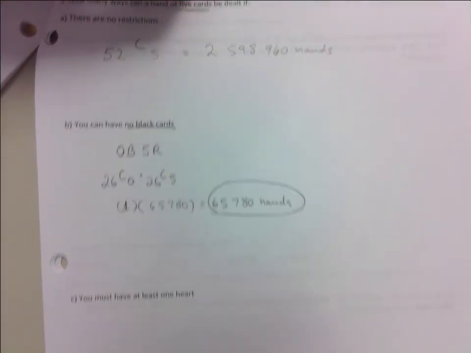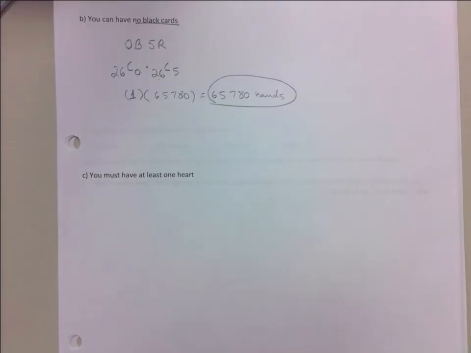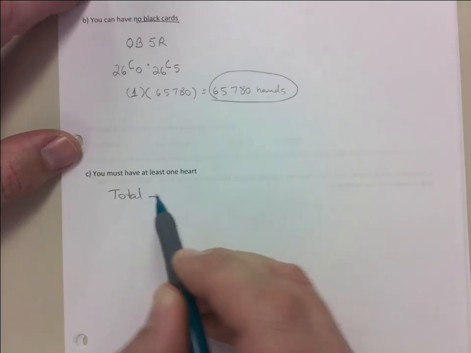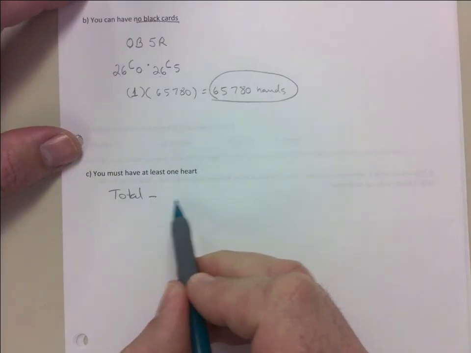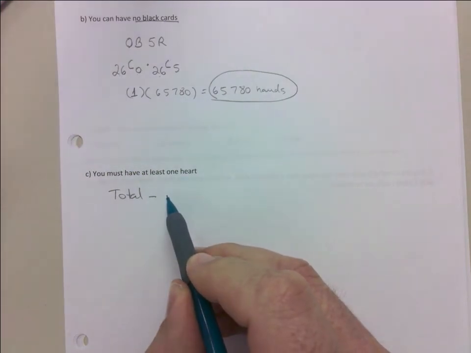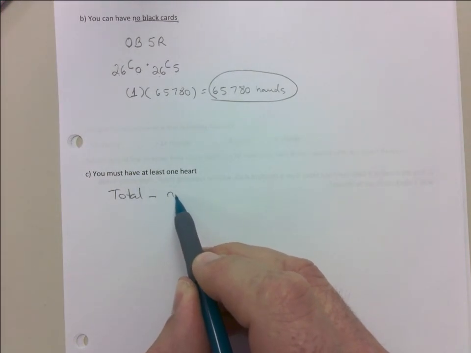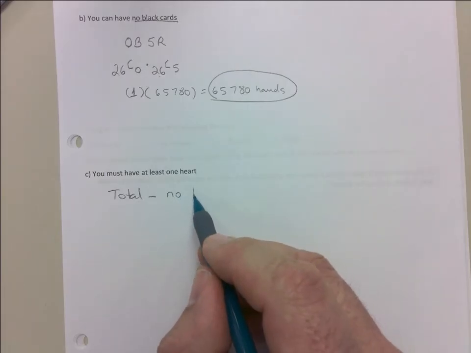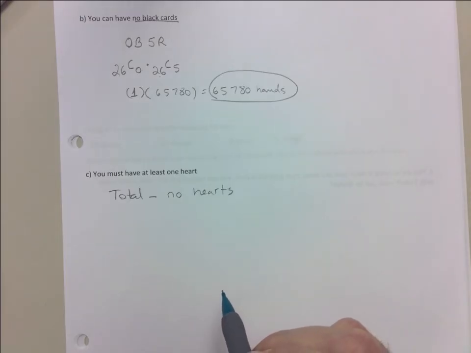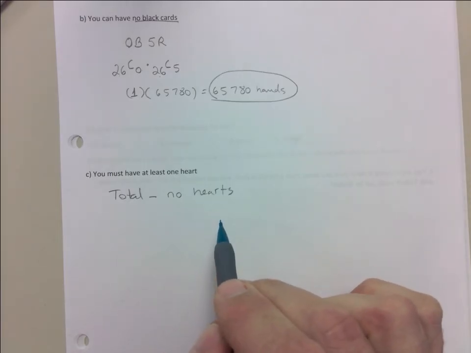At least 1 heart. This one is also part of your homework. You would go total minus, what would I put in here? At least 1 heart. That way I'm going to go total minus the cases that have no hearts. Figure out all the hands that would have 0 hearts in them.